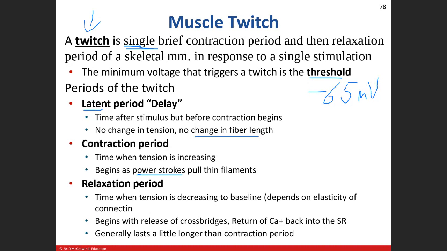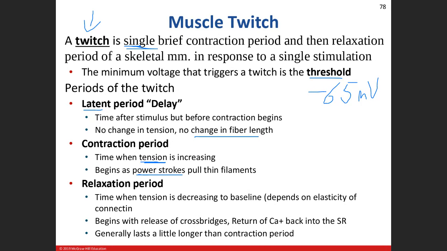Right? So now when we start to generate our power strokes and our thick filament starts to pull the thin filament, now we're going to start to generate tension. Okay? And that will increase as more of that power stroke occurs.